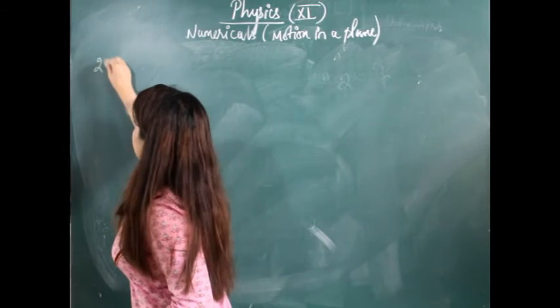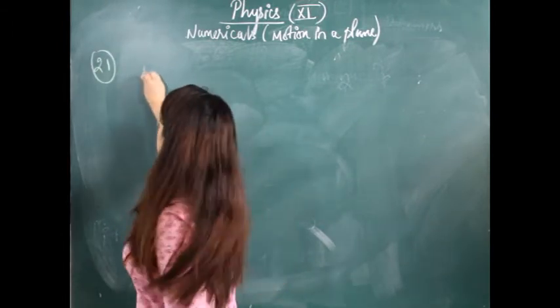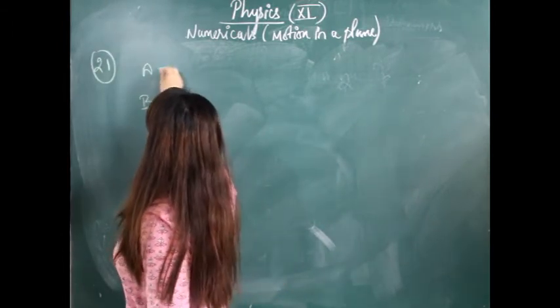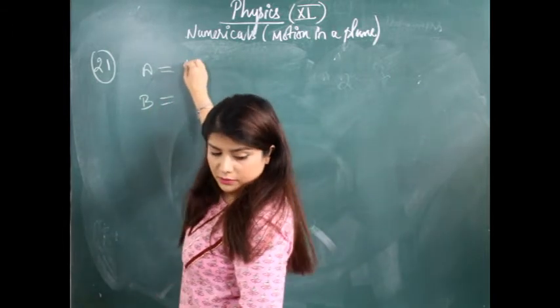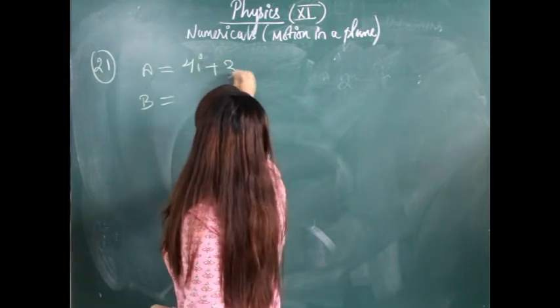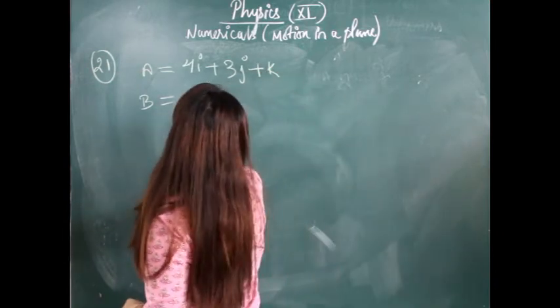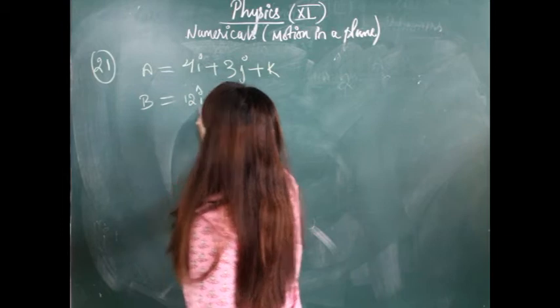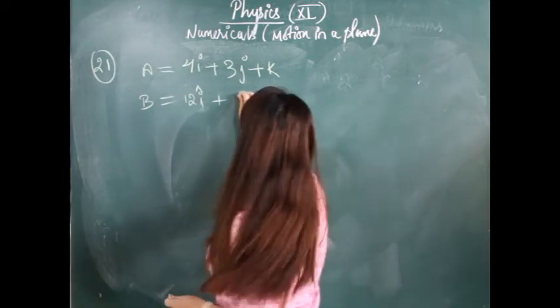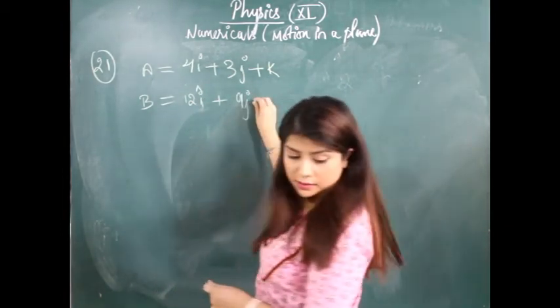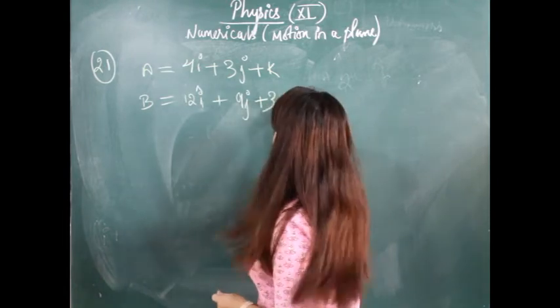Question number 21 is two vectors are there, A and B. A is 4i plus 3j plus k, and B is 12i plus 9j plus 3k.